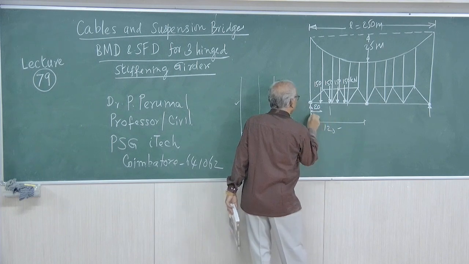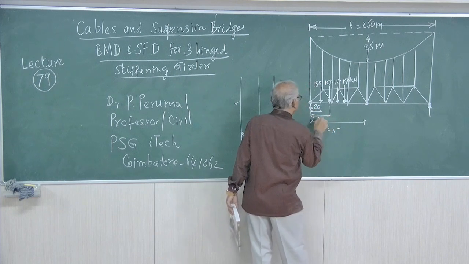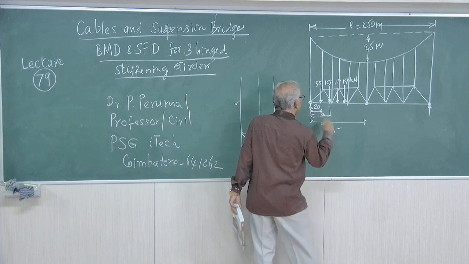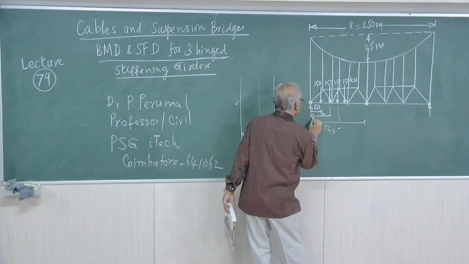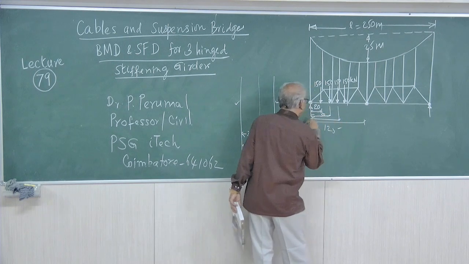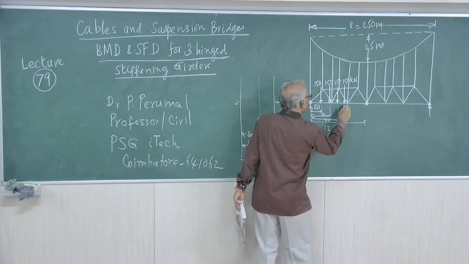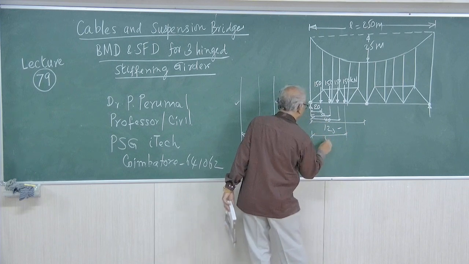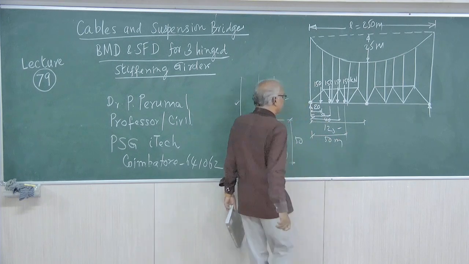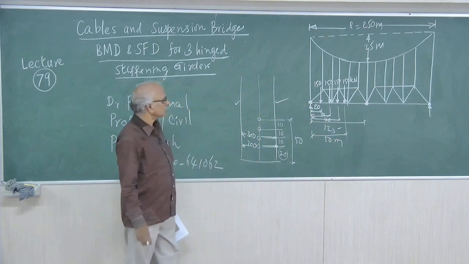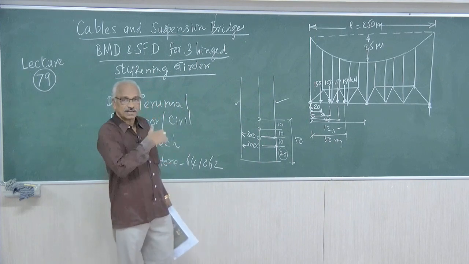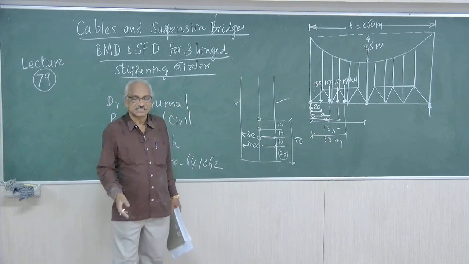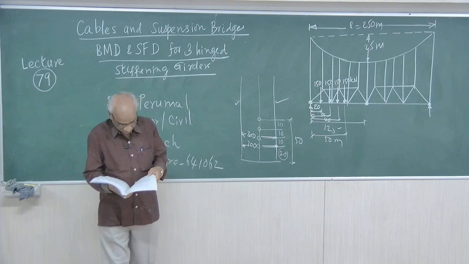From here to here, this is 30. And from here to here, this is 40. And up to this, it is 50. There are 4, so 300 by 2, 150 on either side, 150 to each girder. So that is to be understood, right?